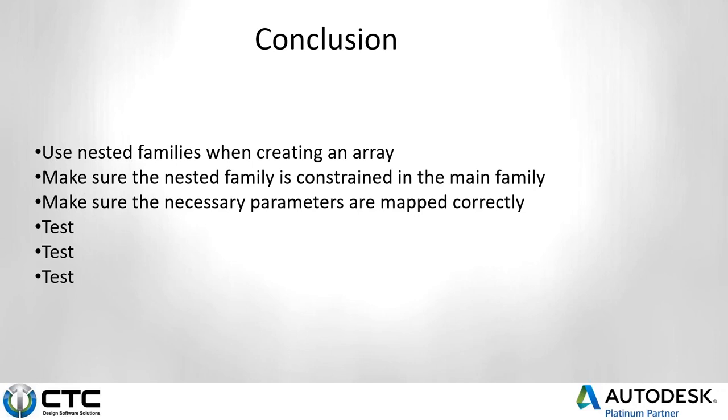Just like I did with the length and the material, they will be controlled by the parameters in the main family. And like I was just doing here in the demo, test, test, and test. So that will give you more confidence that your family won't fail when you send it to a user, or somebody's going to try to break it without knowing, right? So test it before they do.